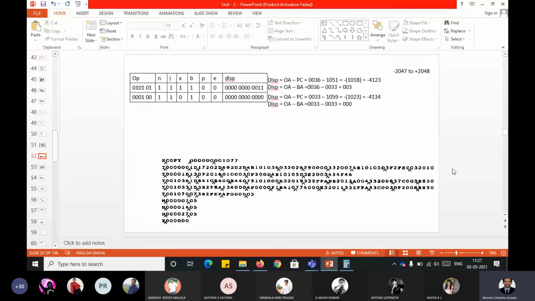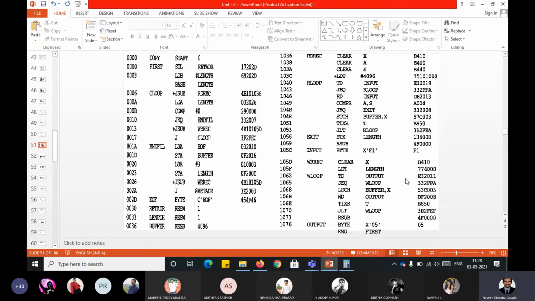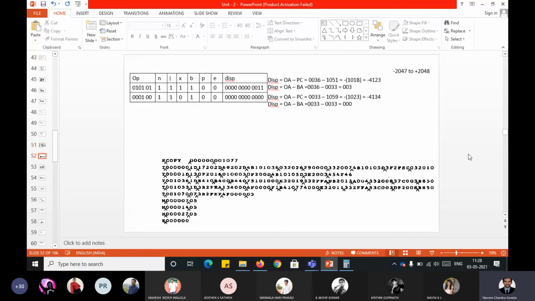In the previous examples also I showed you how to find out the length of the text record. So this is the T followed by the starting address for this text record, and the length, which is how many bytes of object code you have in that text record, and you just need to keep writing. Here also you can observe, till here, which is 032010, the first text record is done.